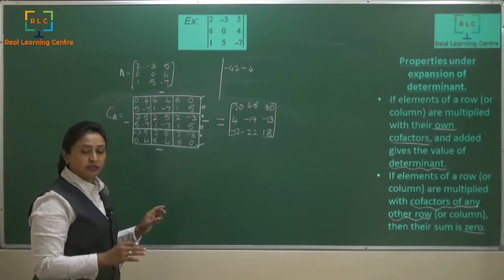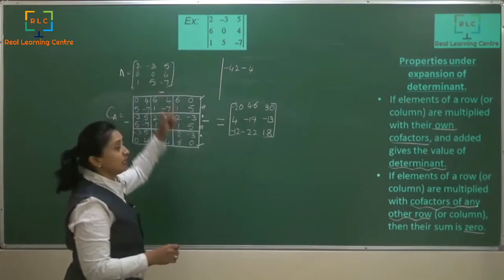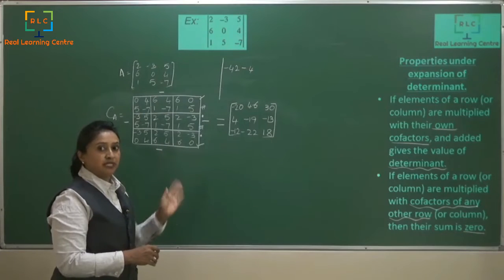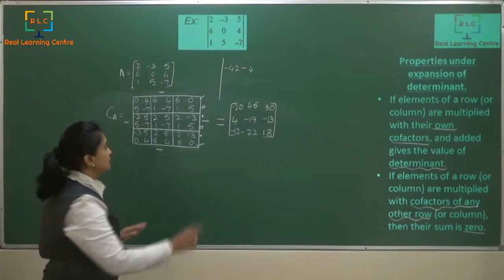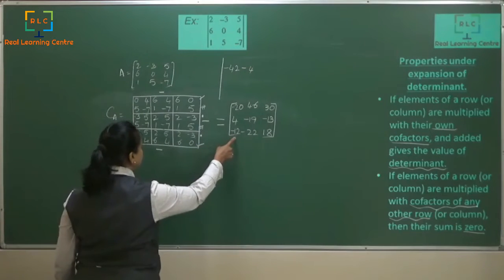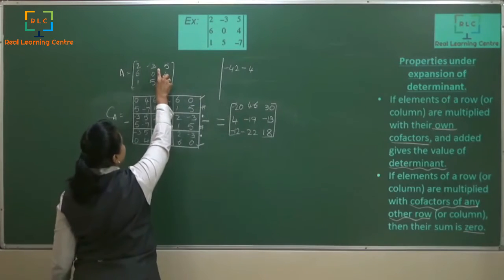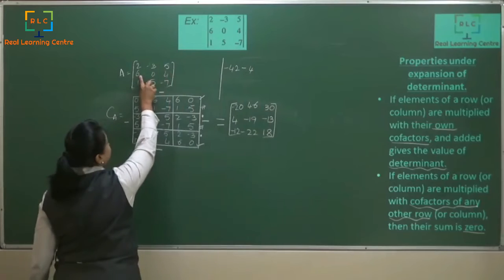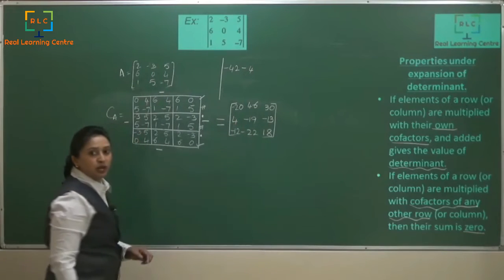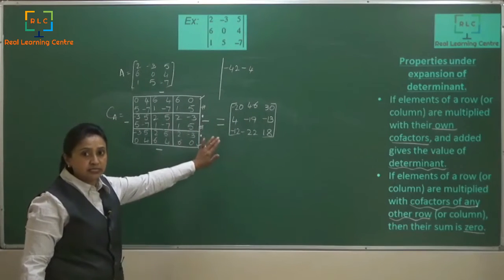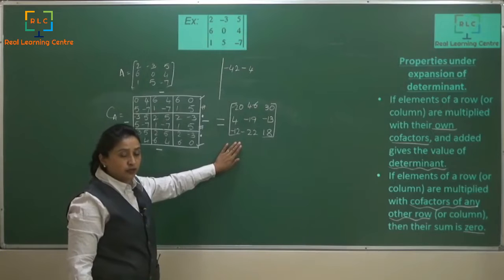Now I can take out the determinant value multiplying any row or any column by their own corresponding cofactors. See, now you know the meaning of this matrix: cofactor of 2 is minus 20, cofactor of minus 3 is 46, cofactor of 5 is 30, cofactor of 6 is 4, and so on. So I have got all the corresponding cofactors in this matrix. So it's called the matrix of cofactors.